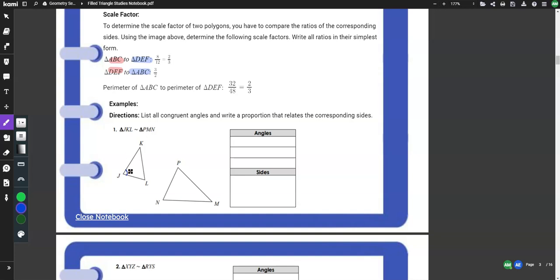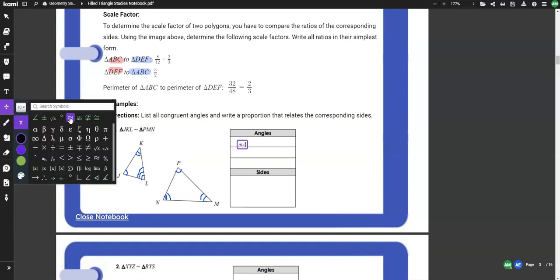So J and P, K and M, and L and N. So we're going to say that the measure of angle J is equal to the measure of angle P. We can also say that angle J is congruent to angle P, so angle K is congruent to angle M. And angles are always with the capital letters here.